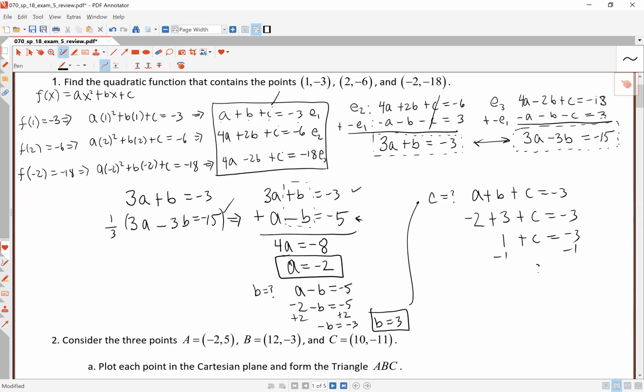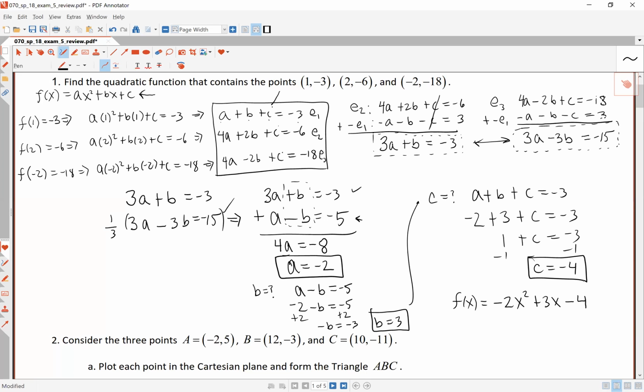Subtracting 1 from both sides, and I get c equals negative 4. So we go back to the original quadratic function, f of x is ax squared plus bx plus c, and a is negative 2, b is 3, and c is negative 4.